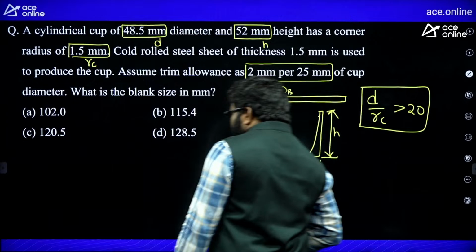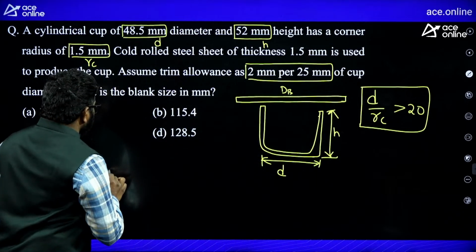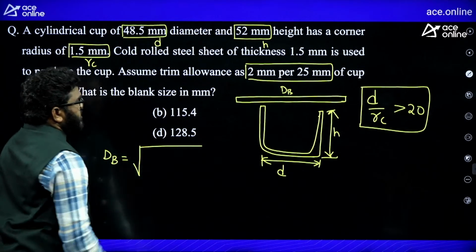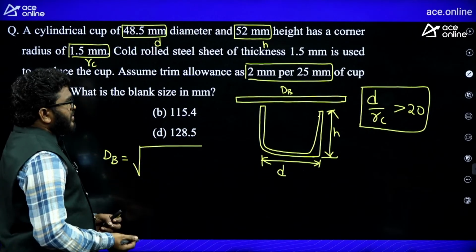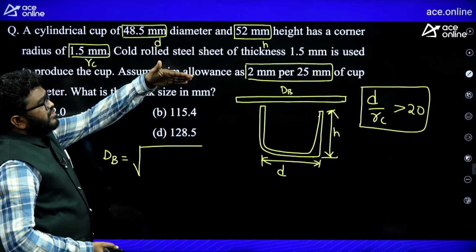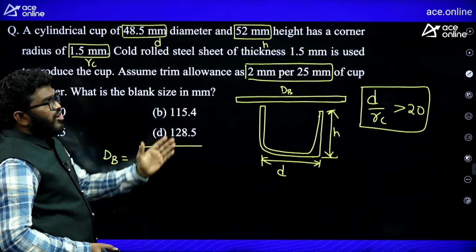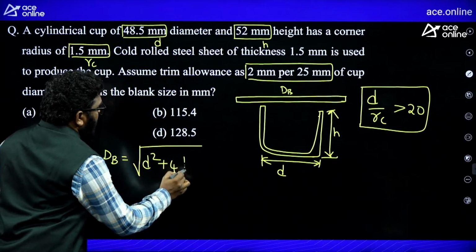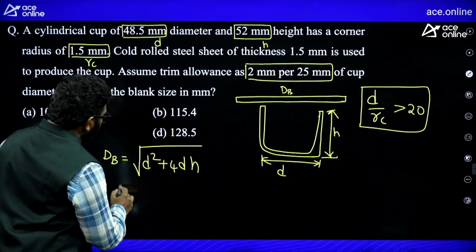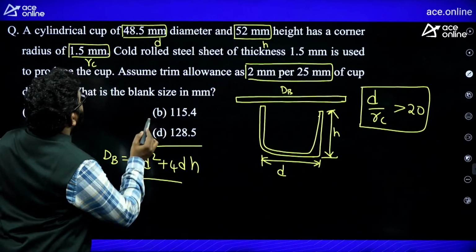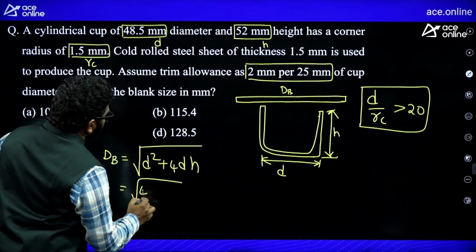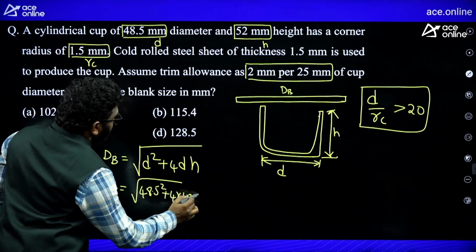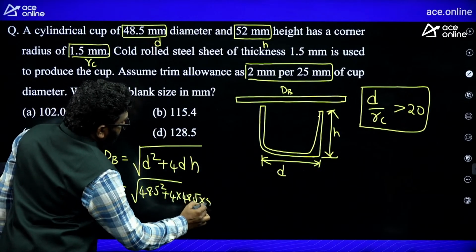Now, if I want to calculate the blank diameter, remember, in the last session I also gave how to find that by equating one side surface area of the blank to the outside surface area of the cup. So from this, you will get D squared equals d squared plus 4dh. Here d is the cylindrical cup diameter 48.5, and height is 52.